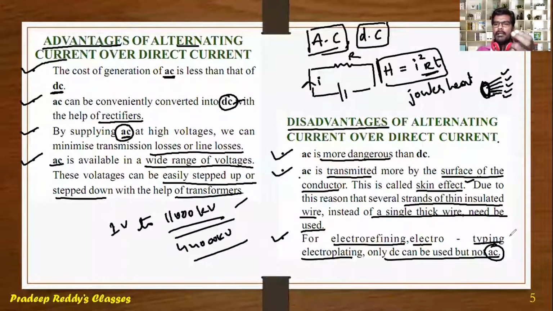Likewise, for mobile charging, we cannot use AC. We use DC. We can convert AC to DC by using a rectifier circuit, and we will charge the mobiles. So of course, both have advantages and disadvantages. We have now compared advantages and disadvantages of alternating as well as direct currents.